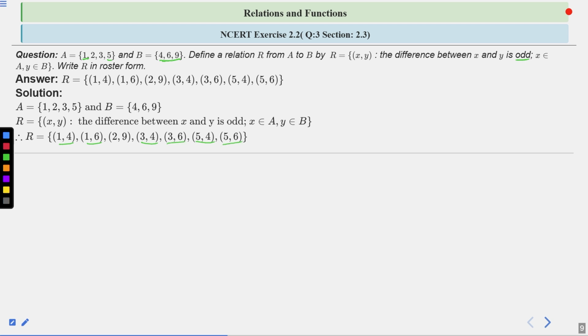What about 1, 9? We cannot take it because the difference is an even integer. So 2, 9, we can take 2, 9. 3, 9, we cannot take, as well as 5, 9. So we are getting these 7 ordered pairs in the relation R. Clear?